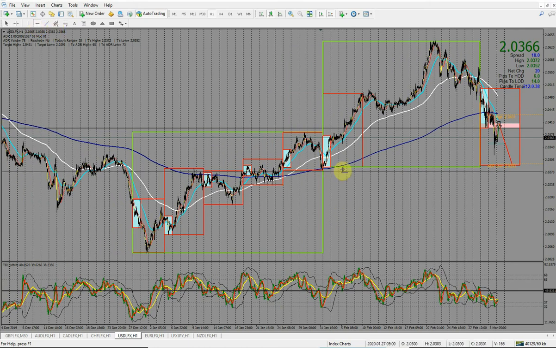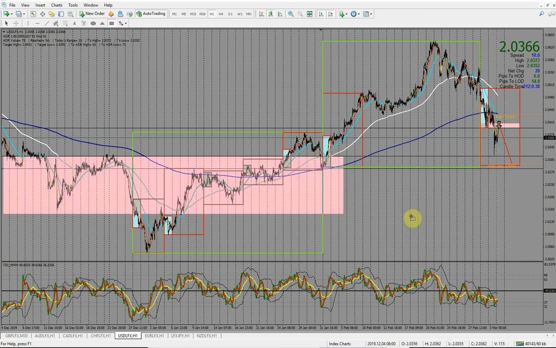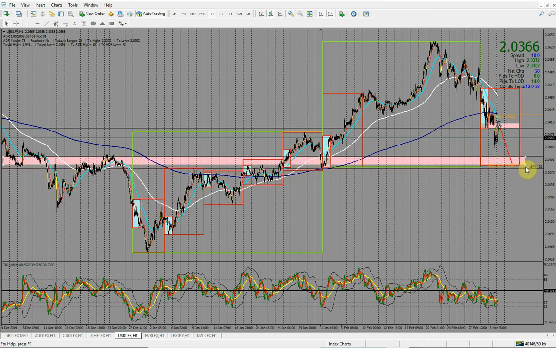Let's see here, what do we have here. I think it's a high value area, but let's just try to check it out.